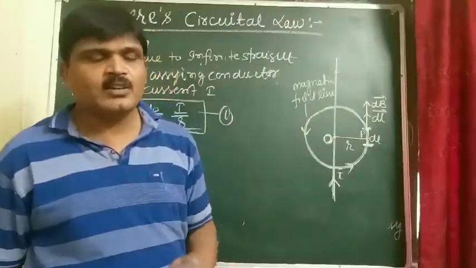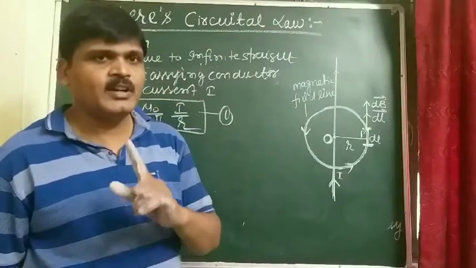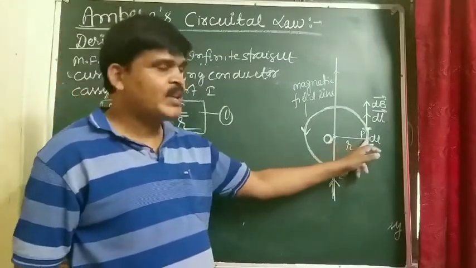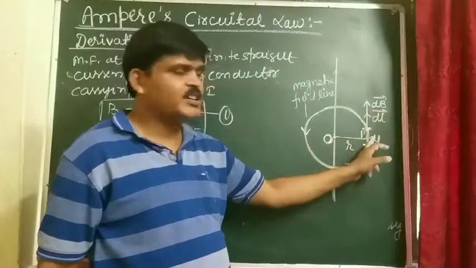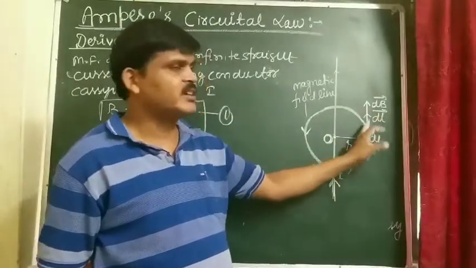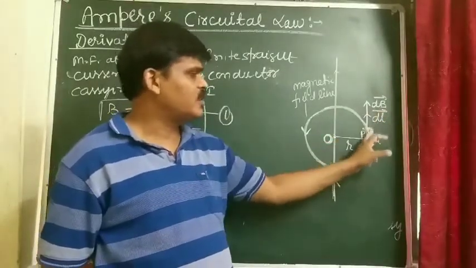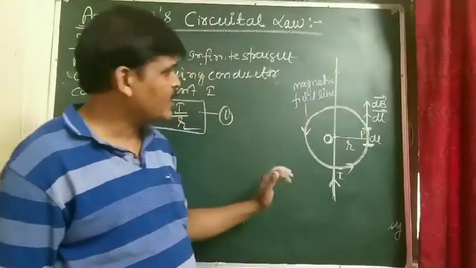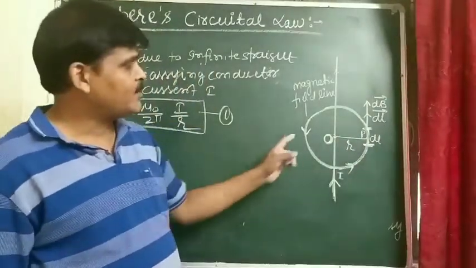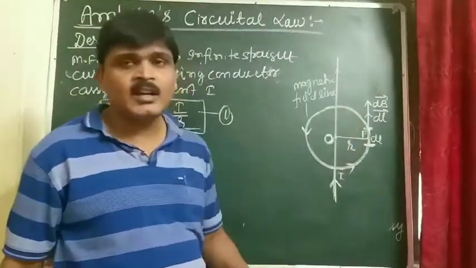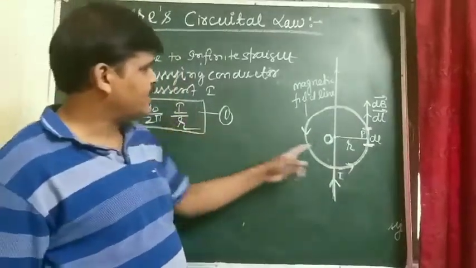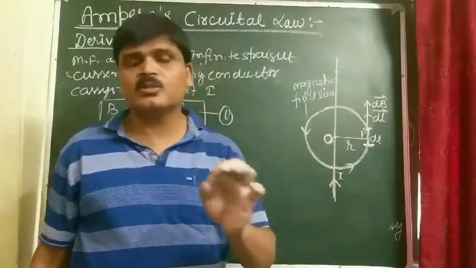To find the direction of the magnetic field, we draw a tangent. So the direction of the magnetic field is tangent to the circle, as shown in the diagram, and the magnitude at every point on the circular loop is the same.